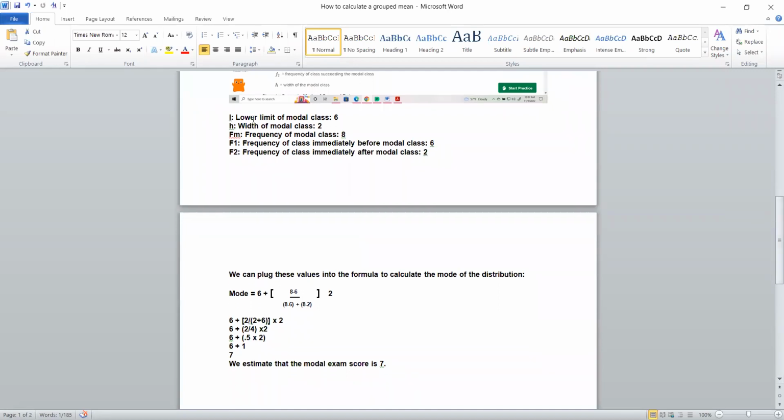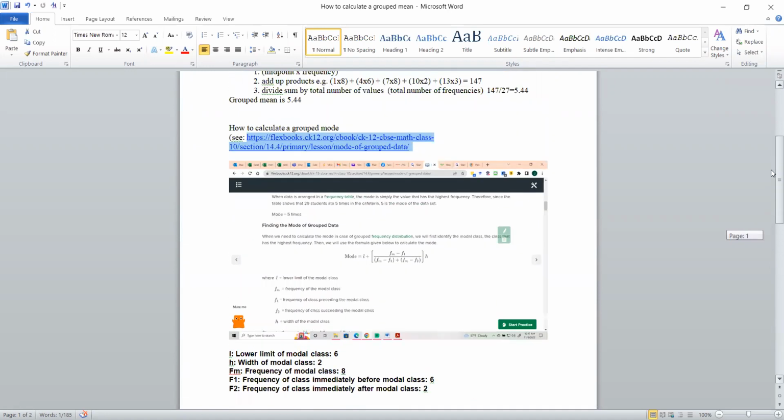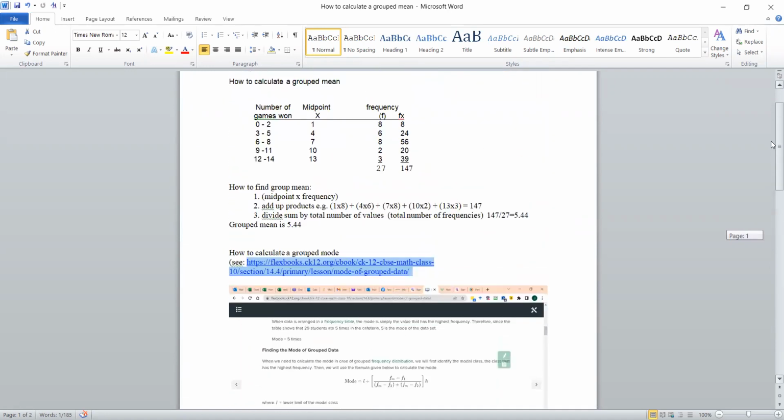So let's go ahead and fill these out. The lower limit of our modal class, which is 6 to 8, is 6. The width of the modal class, H, is 2. The frequency in that modal class, let's scroll up and look. This is the modal class. Remember, that's the one we're doing. Frequency is 8.